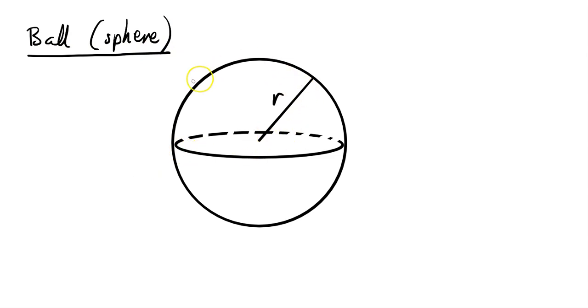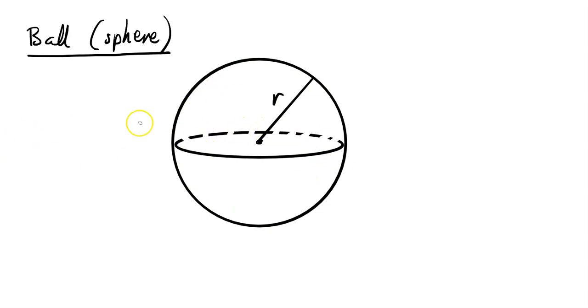If you take all the points that have the same distance from the center, then we form a ball or a sphere. If you take all the points inside the sphere, then we call it the ball. If you only limit it to the surface, it's a sphere.